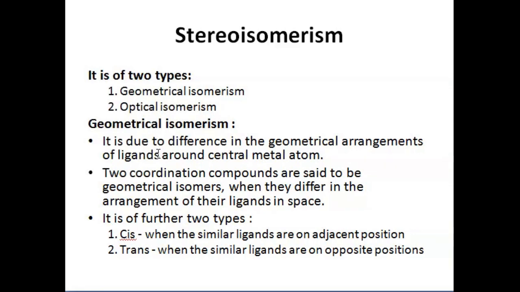Geometrical isomerism is because of the difference in the geometrical arrangement of ligands around the central metal atom, and two coordination compounds are considered geometrical isomers when they differ in the arrangement of their ligands in space. Geometrical isomerism is further classified as cis and trans.